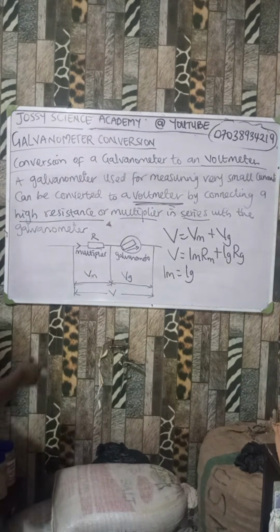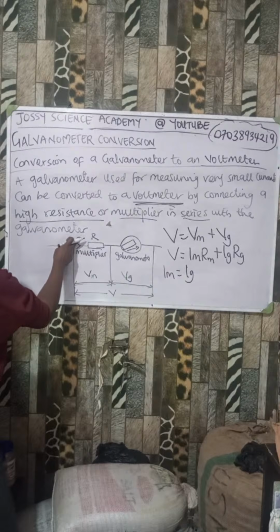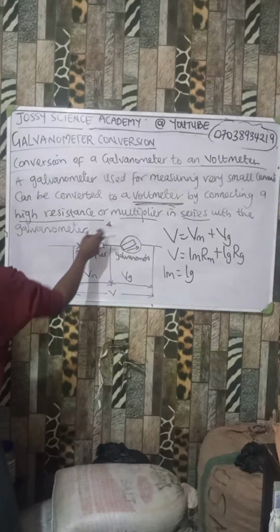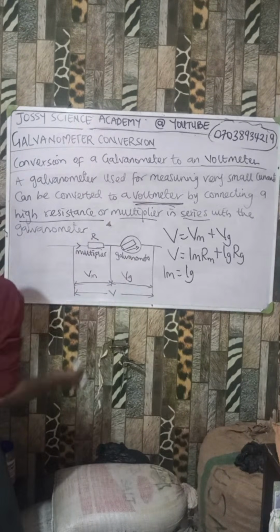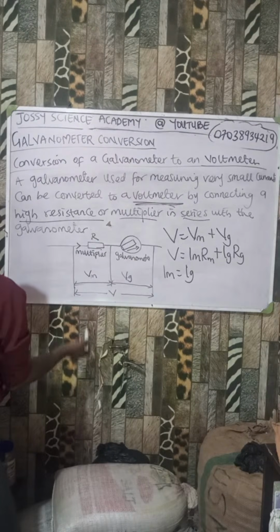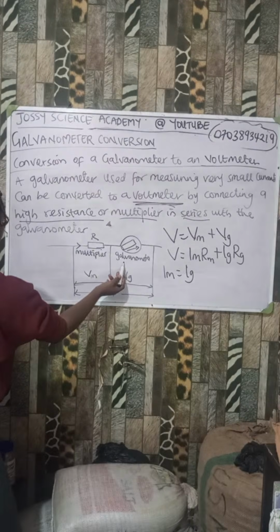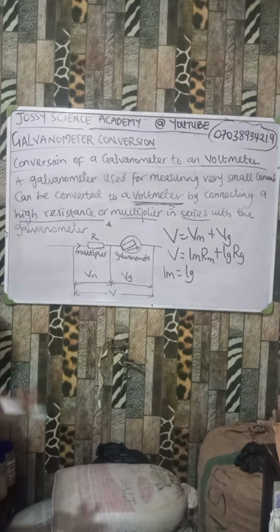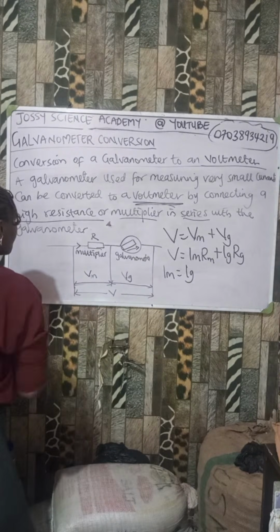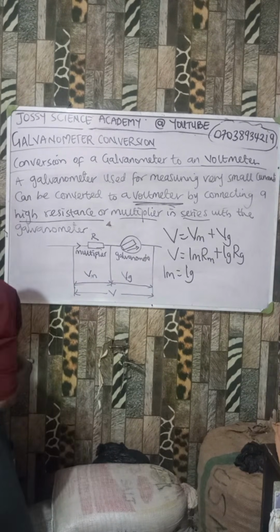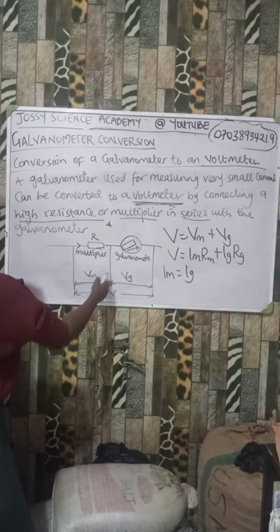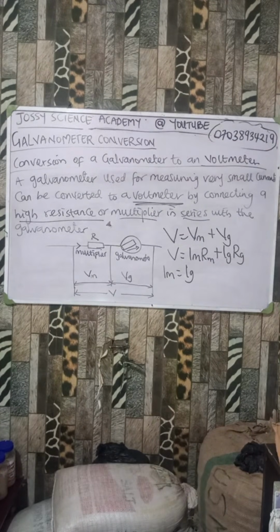All right, so see the diagram. Look at the multiplier, see the galvanometer. They are connected in series. So if they are connected in series, the same current flows. Any current that flows through the galvanometer also flows in the multiplier. Also, looking at the PD, the total PD equals the PD across the multiplier plus the PD across the galvanometer.